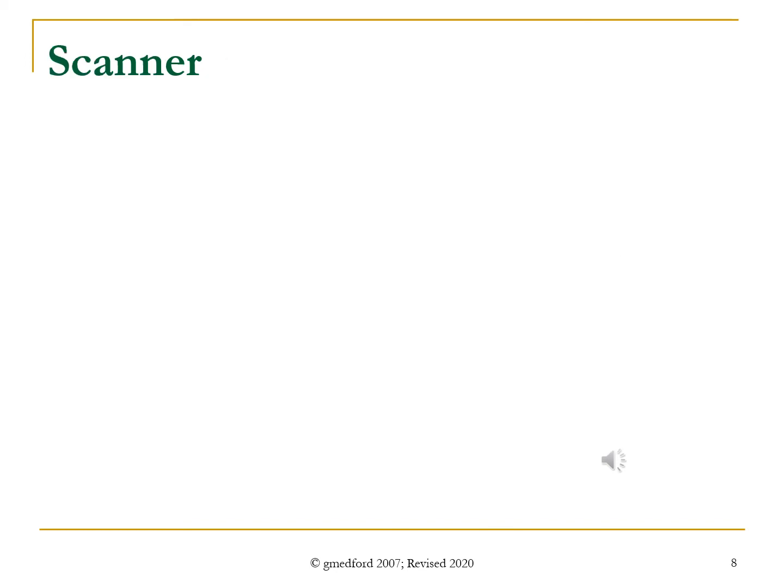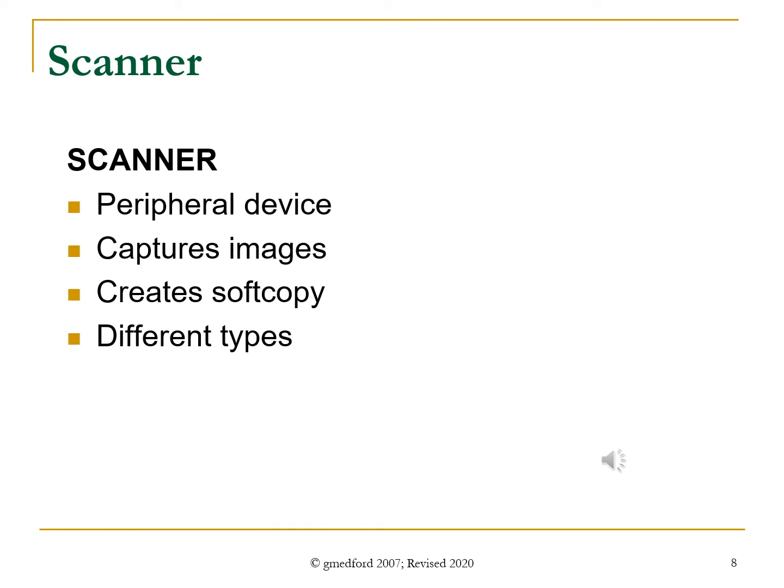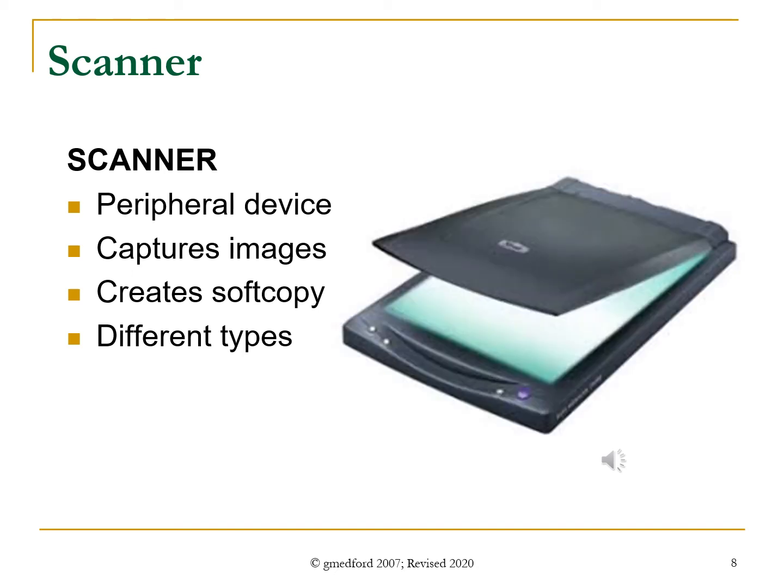A scanner is a hardware resource used by the accounts office. A scanner is a peripheral device that captures images and creates a soft copy. Soft copy means an image that is displayed on a screen. There are different types of scanners. Scanners may, for example, be flatbed or handheld.